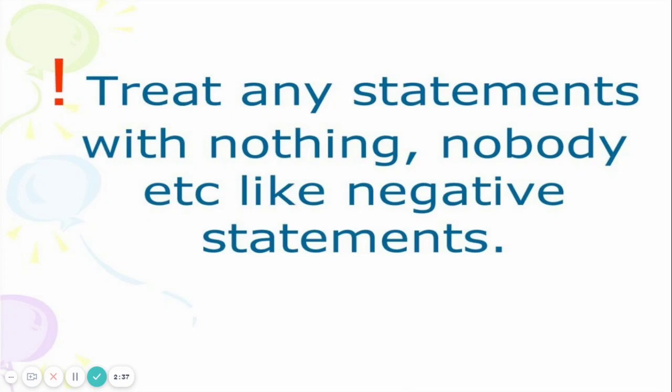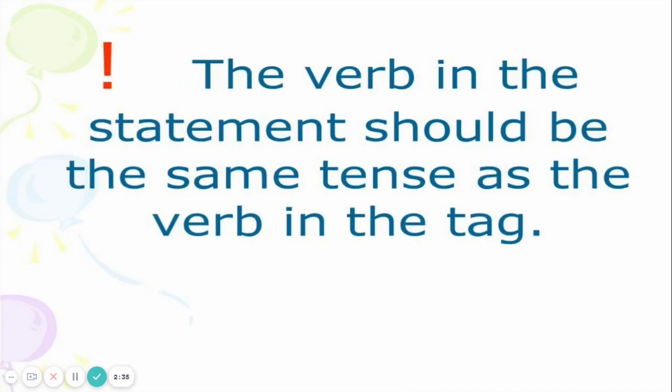Okay. Then the verb in the statement should be the same tense as the verb in the tag. For example, if the verb like is he is there in a positive statement, when you change it into the negative statement, you must not change it as aren't he, wasn't he.